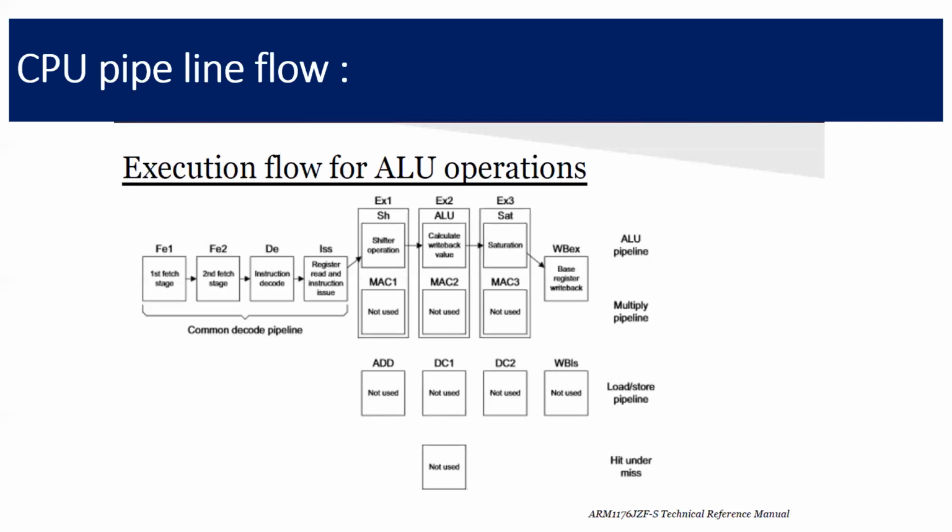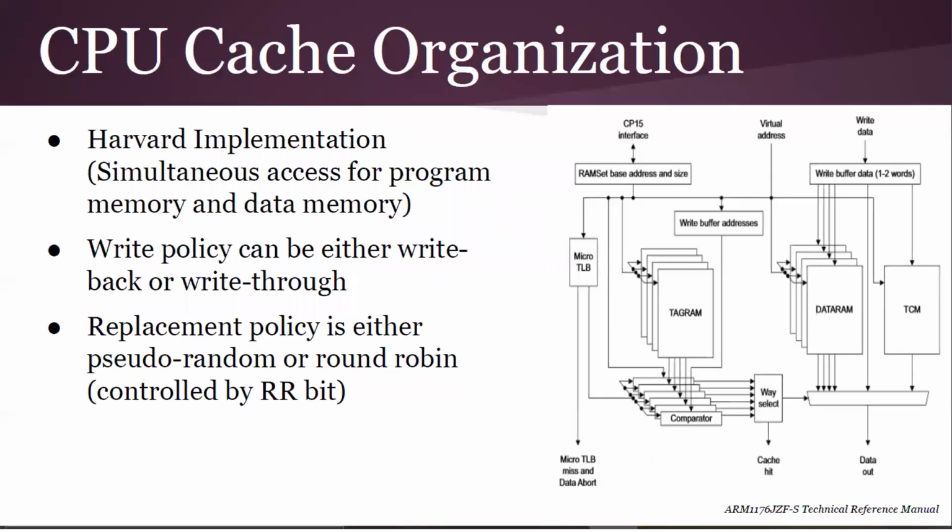Now let us go to the next type of architecture of your ARM 11 core processor, and that is cache organization, how cache memory is organized. Here in the diagram you can observe there are two memories.